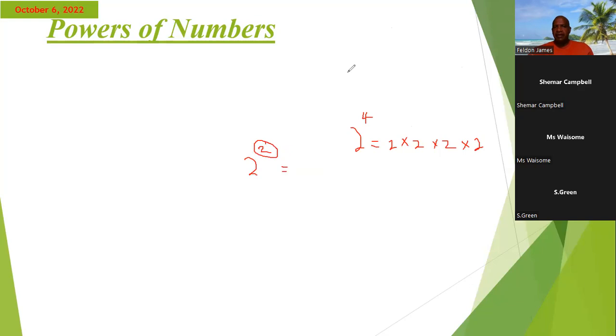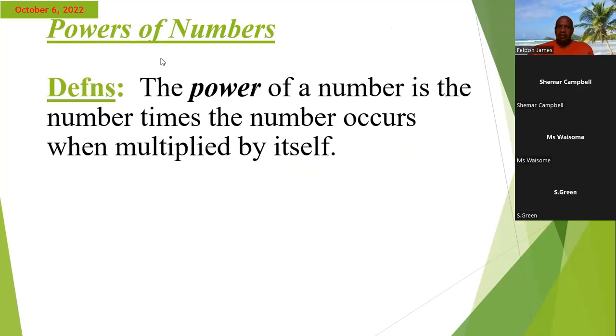However, in terms of a definition, we say that the power of a number is the number of times the number occurs when multiplying by itself.